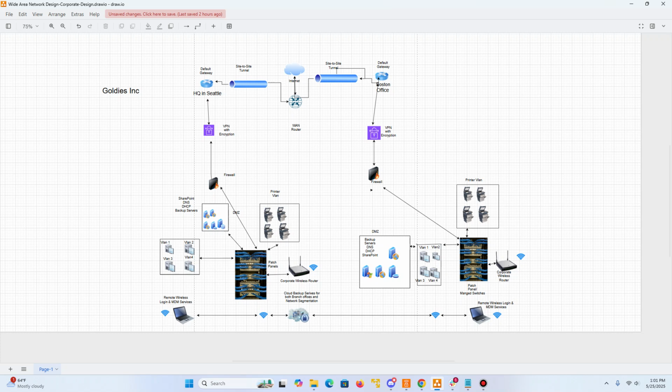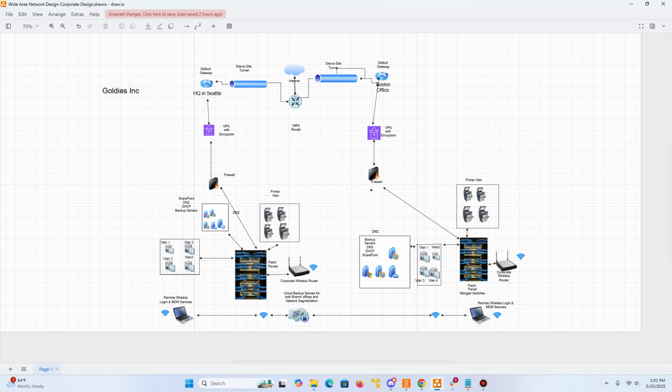This protocol utilizes certificate-based authentication and strong encryption, offering robust security for sensitive data. We were talking about Miss Goldie's intellectual property. Her intellectual property, her IP, will be secured under the WPA3 protocols.